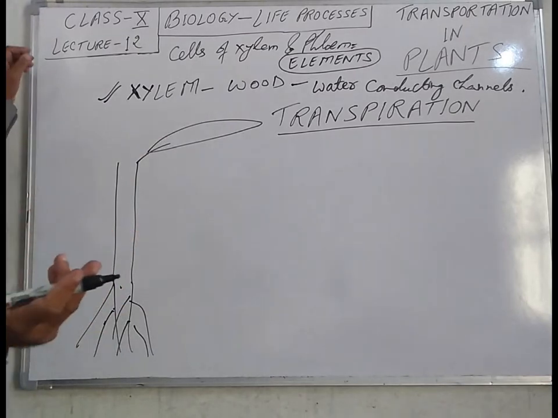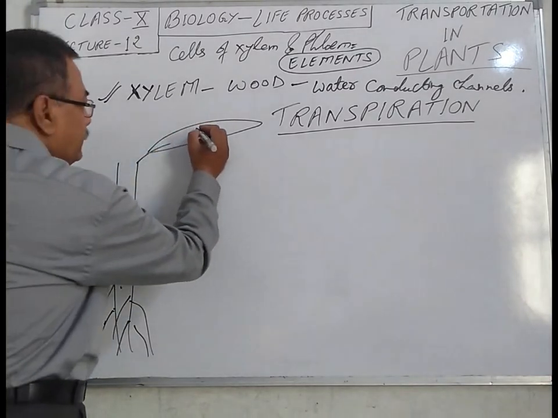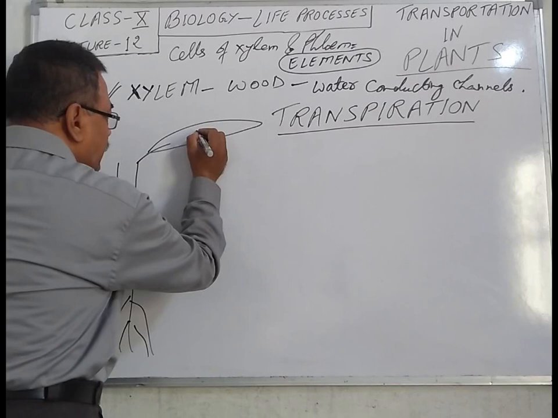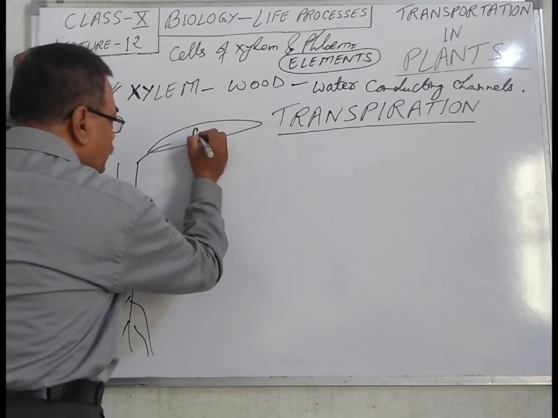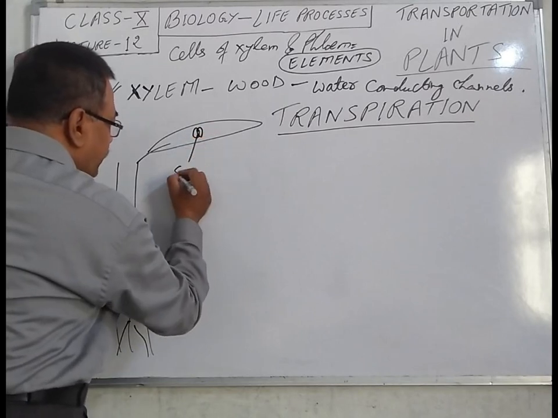How can it take place? As we have seen, on the surface of leaves there are thousands of tiny apertures, and these tiny apertures are known as stomata.